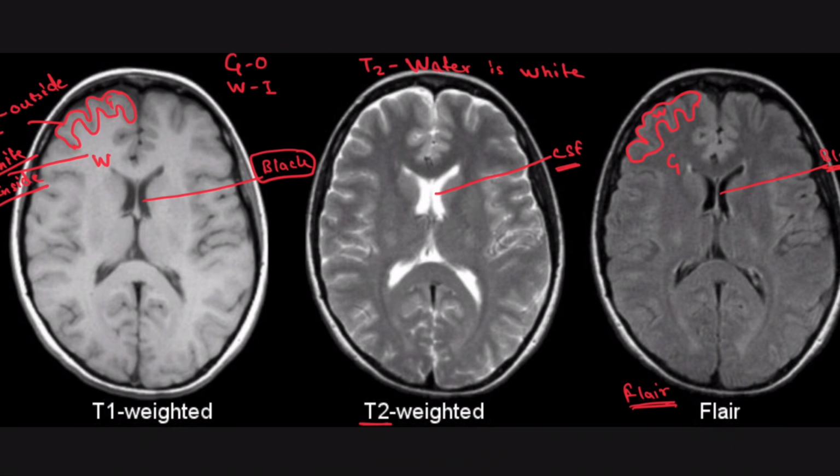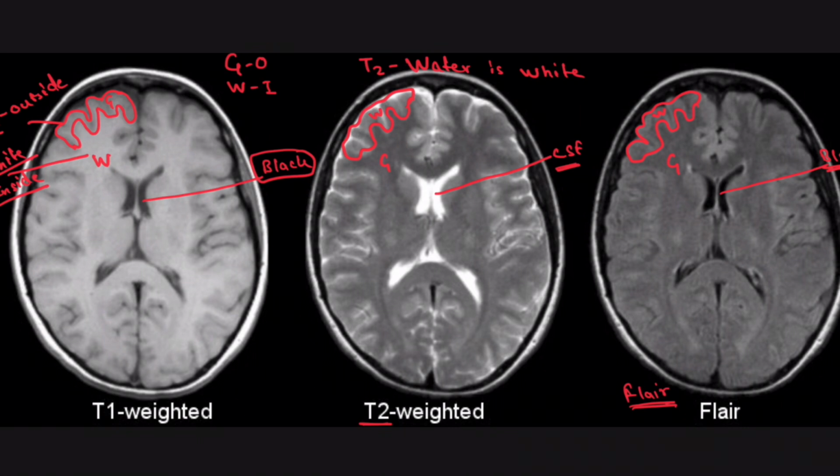Now coming to the T2 part. As we have differentiated this CSF, now we should look at this part also. So the inside part is hypointense, so this is gray, and the outside part is hyperintense, this is white. So this is also opposite to T1.